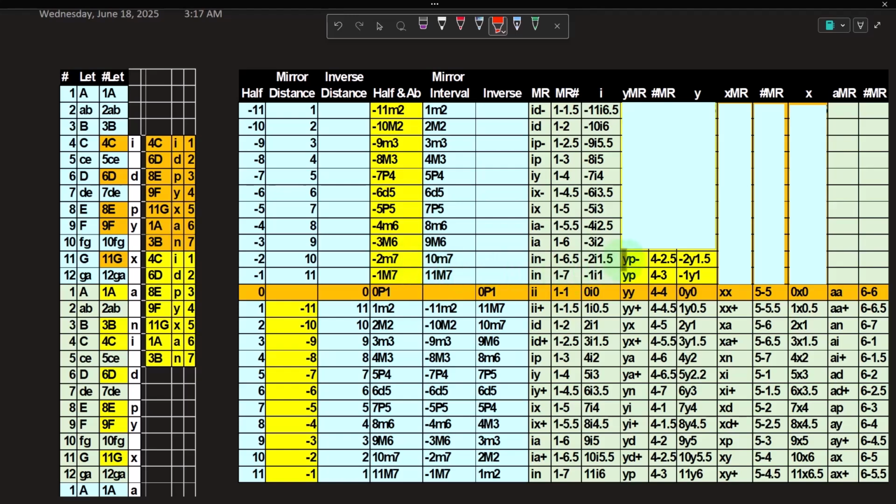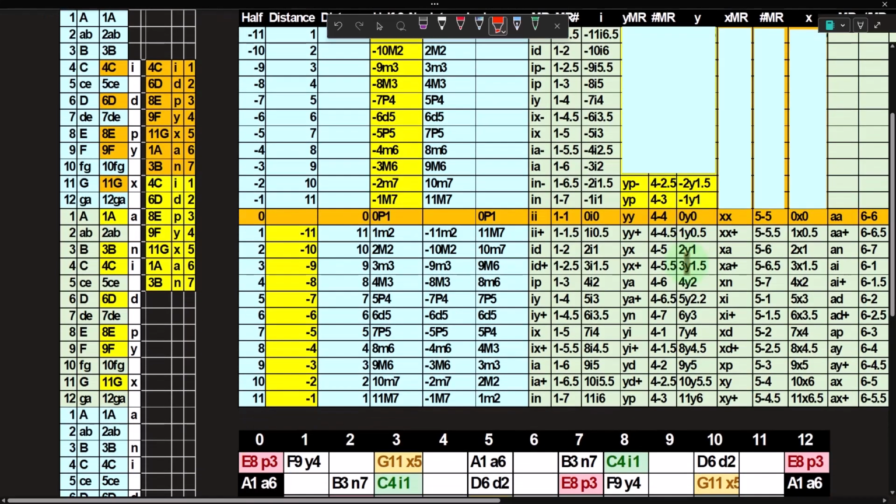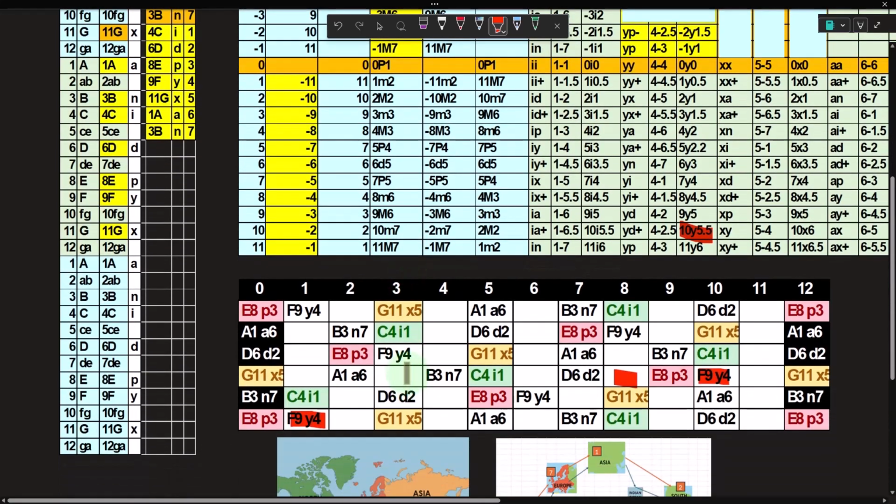But I'd rather call it a YP negative modal range, or a 4 to a 2.5 modal range, which would be a -2 distance from the Lydian mode, or a -1.5 modal half step, which would be then going forward, like going forward 10 and forward 5.5 modal half steps, which you would think would be 6.5 scale degrees, but we of course have a 7 here because we don't have 0.5s because it's a weird system.